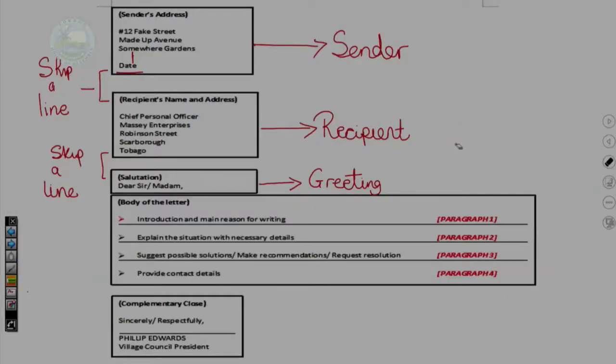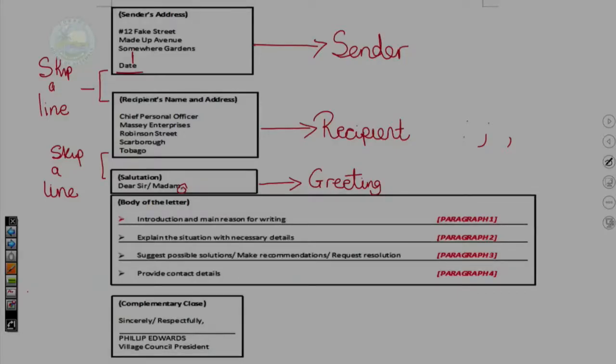I've also seen semicolons. But what you're supposed to have here is a comma. And we have it here. Dear sir, madam, put a comma. No other punctuation goes right after that salutation but the comma.